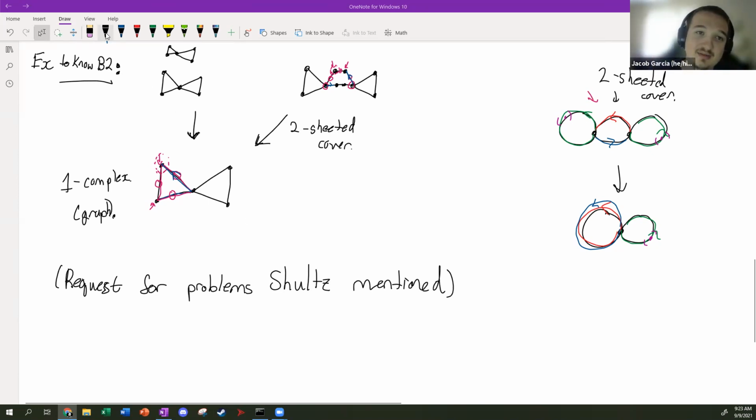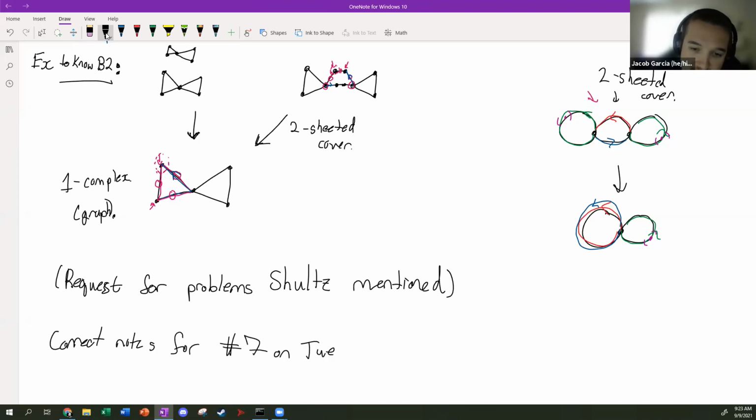If I were to correct the notes from Tuesday for number 7, the function capital F should be a function from M to R^(n(m+1)).